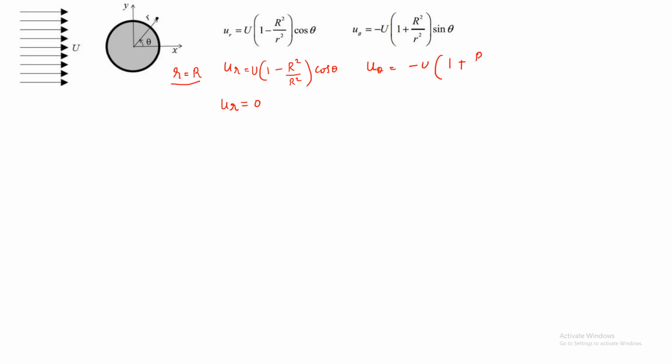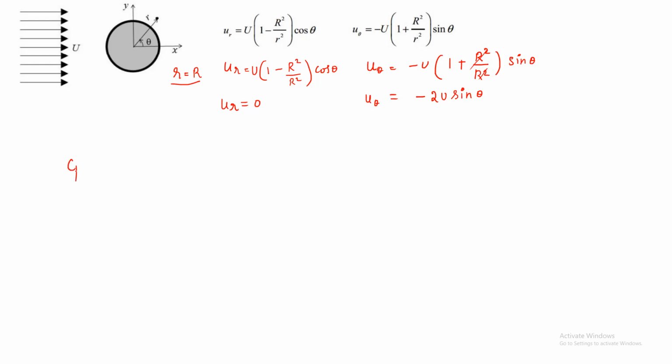By substituting small r equal to capital R, the R squared terms cancel, and we get minus 2U sin theta as our azimuthal component of velocity.